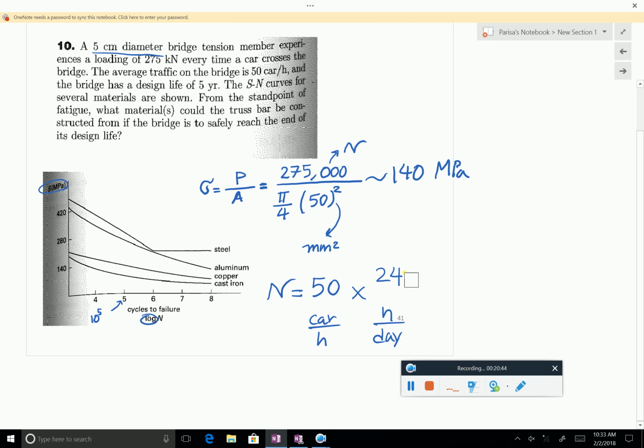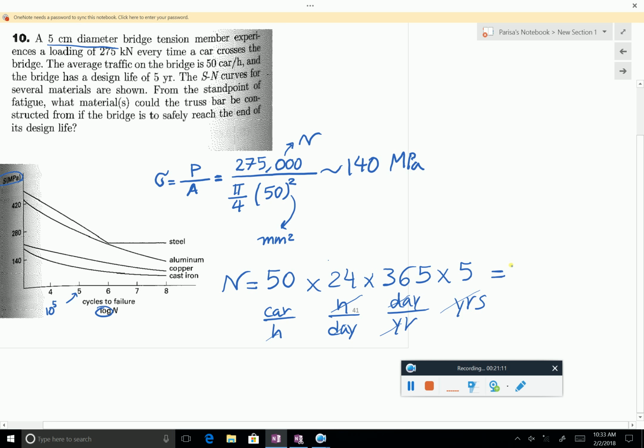And then 365 days per year, most years, times 5 years. Why do I write it like that? Because you see that at the end it gives you the number of cars.